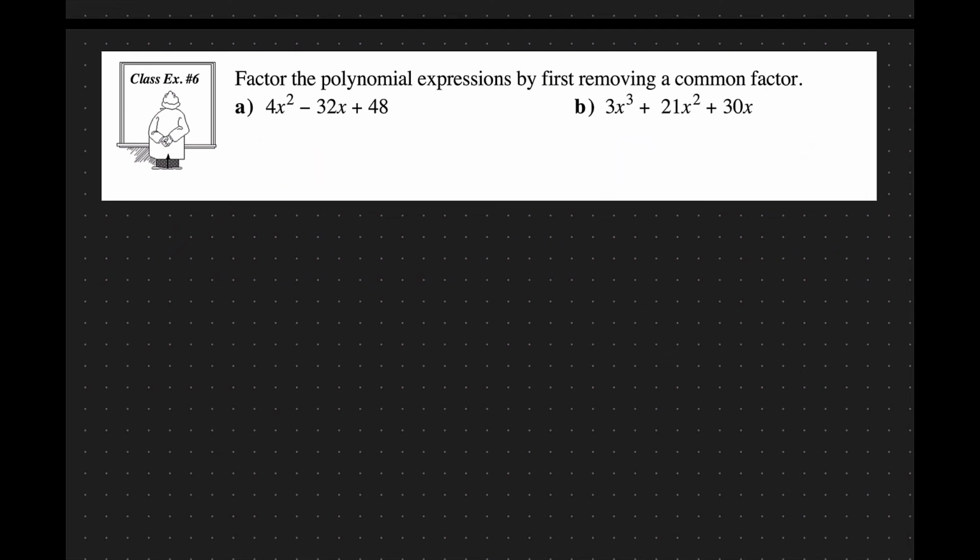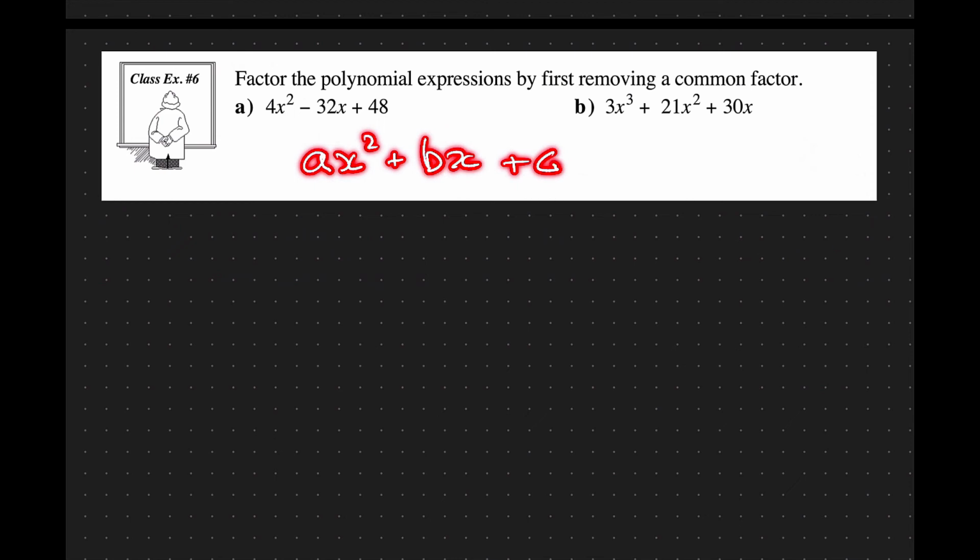So there's a different process involved to factor out two binomials when this is in the form ax squared plus bx plus c, where in this case a would be 4, b would be negative 32, and c is a positive 48.